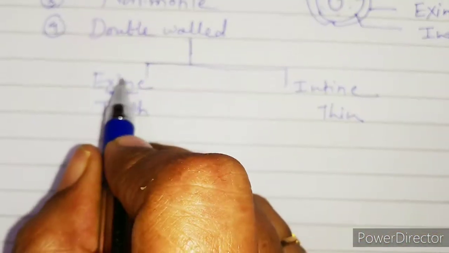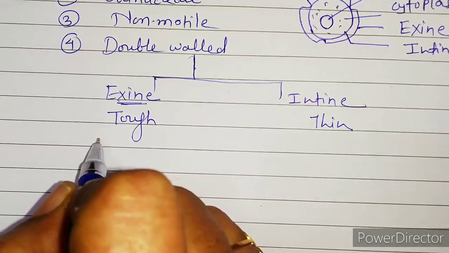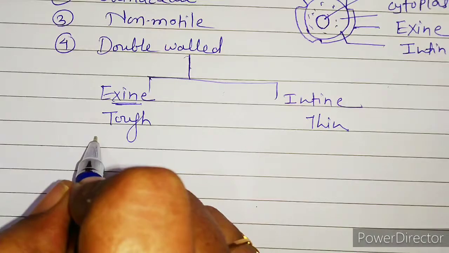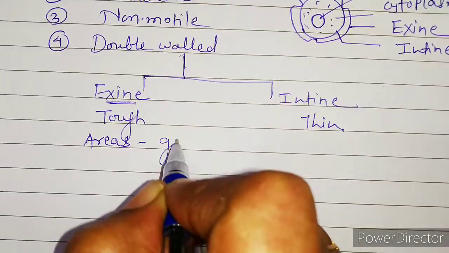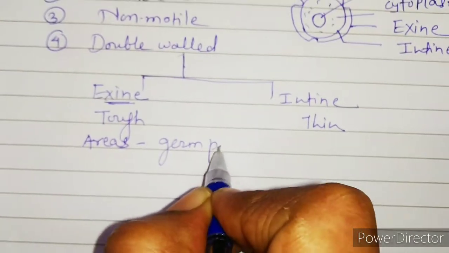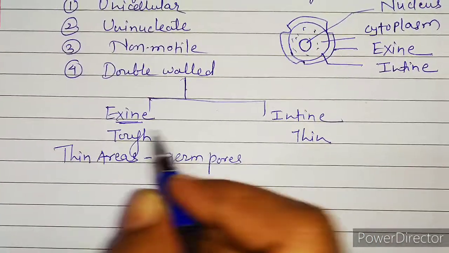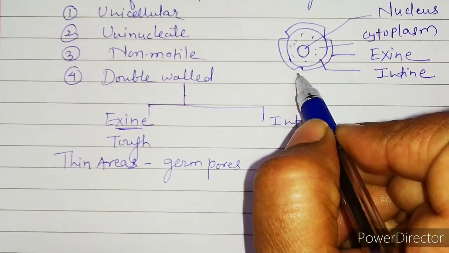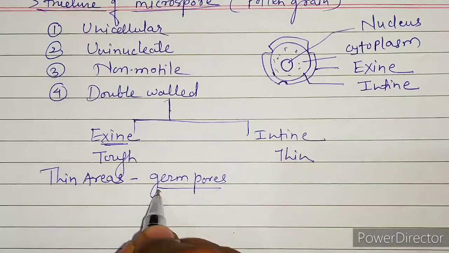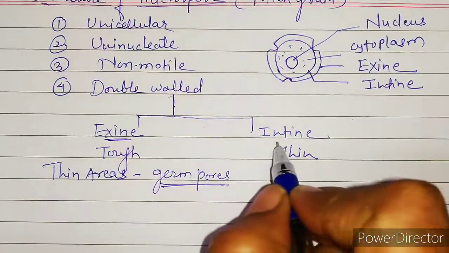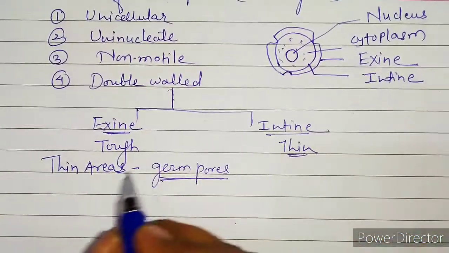The exine is not continuous; it shows some thin areas, and those thin areas are called germ pores. The intine, no doubt, is thin and continuous.